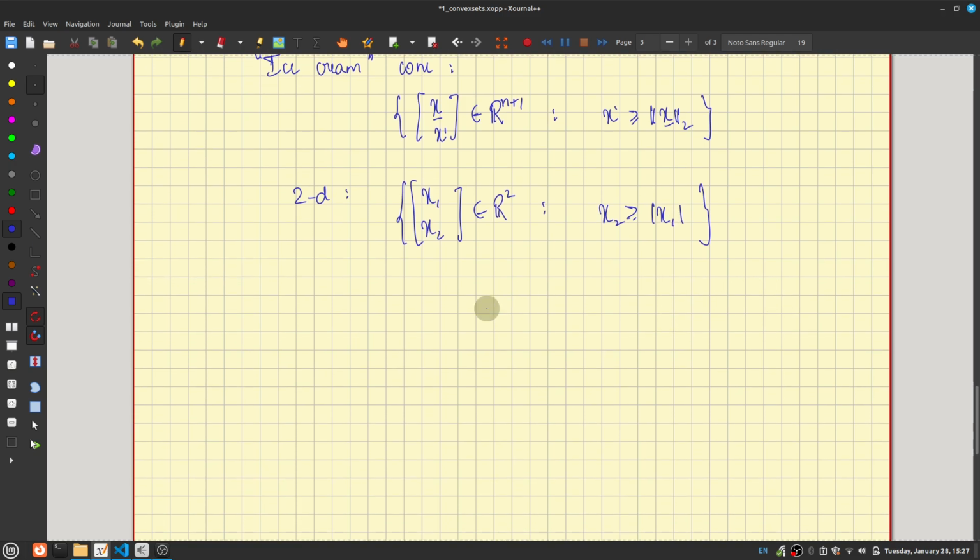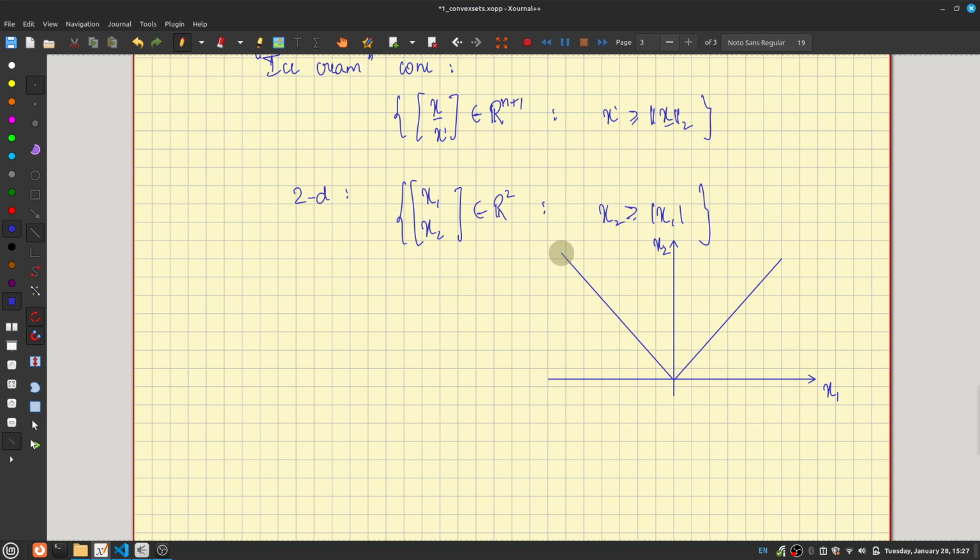Okay, let's plot this. Let's assume that this is my x1 axis, this is my x2 axis, right? What does x2 equal to mod x1 look like? Basically this, right? Correct.